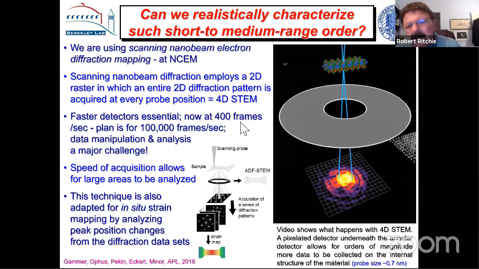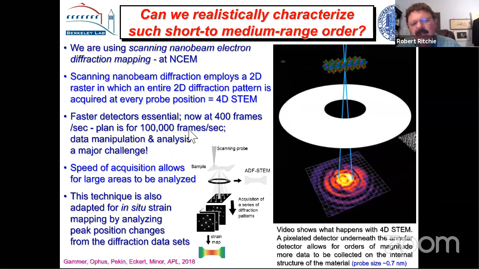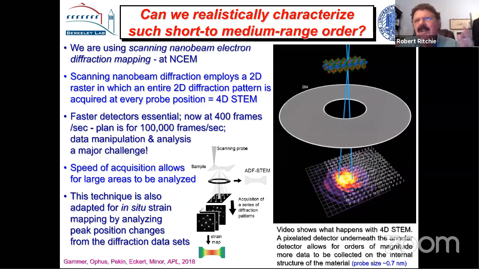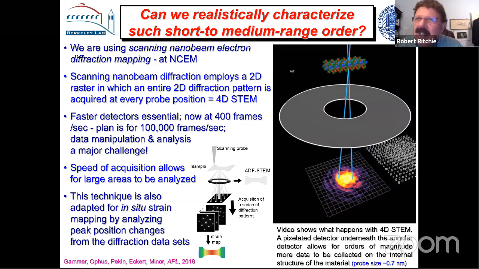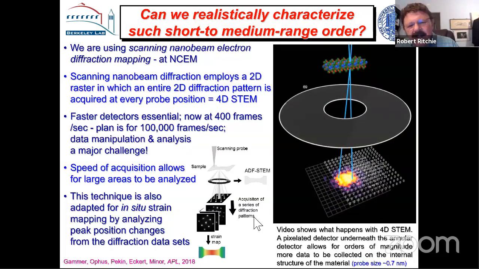Initially we're doing them at 400 frames a second. We're going up to 100,000 frames per second. So we can scan a material looking at small regions of atoms and get their structure. This is ideal for looking at short range order. We can also measure the strains there as well.